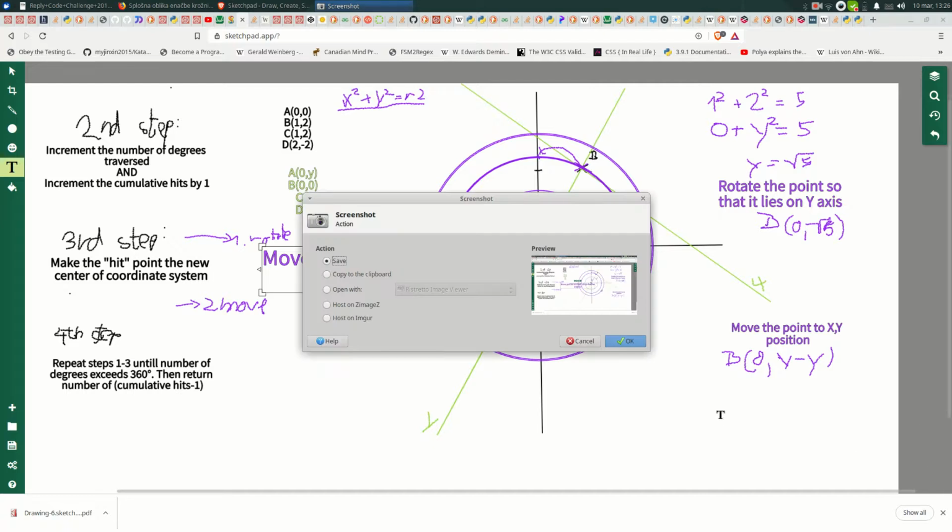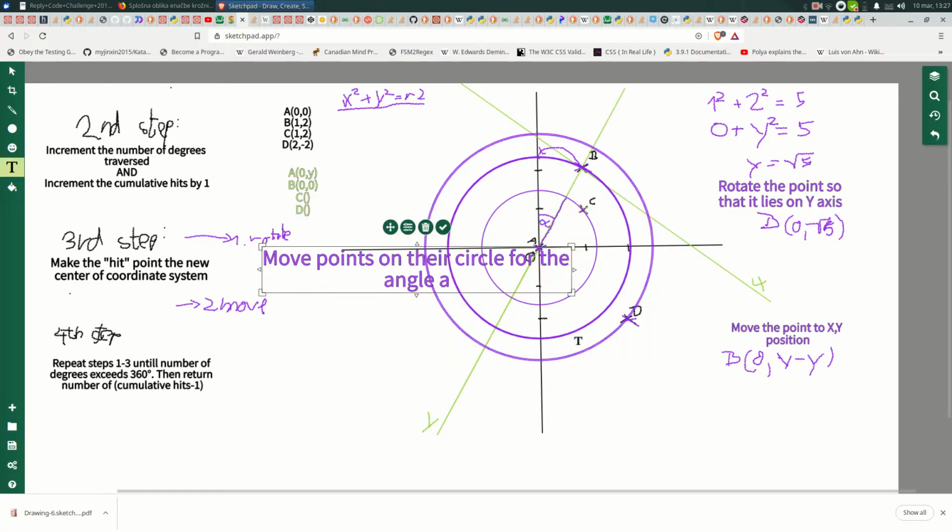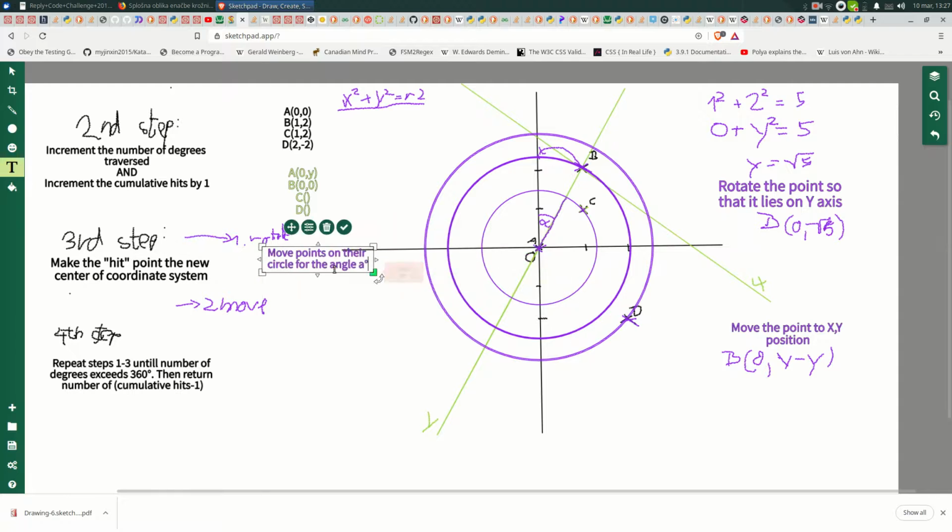Angle A, yeah. So that's it. And yeah, that's for now easier said than done.